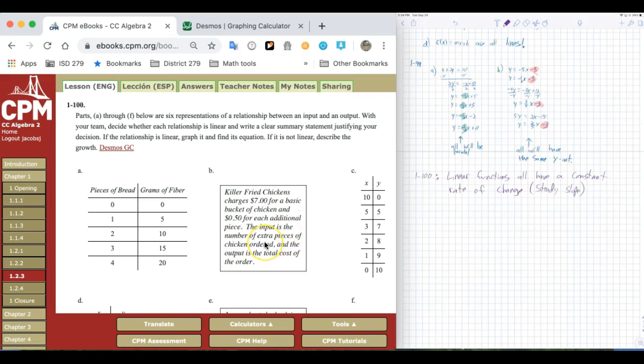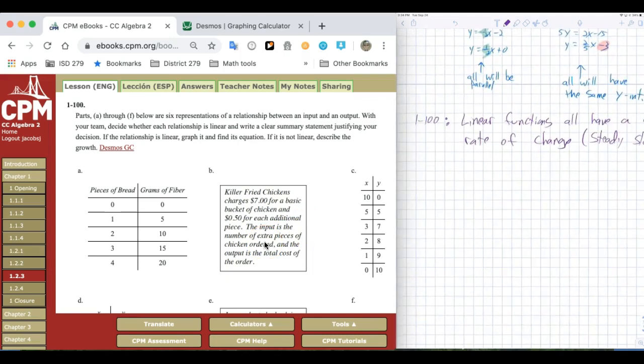So if I'm looking at part A, which has a table that's representing pieces of bread and grams of fiber, I'm going to break it down to an x and y table. And as I look at these, what I am going to compare is the rate of change. So 1, 5, 2, 10, 3, 15, and 4, 20.